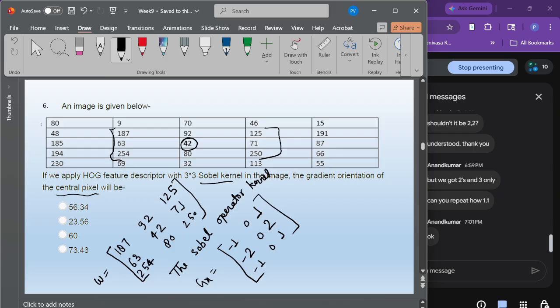The vertical kernel is minus 1, minus 2, minus 1, 0, 0, 0, 1, 2, and 1, right?